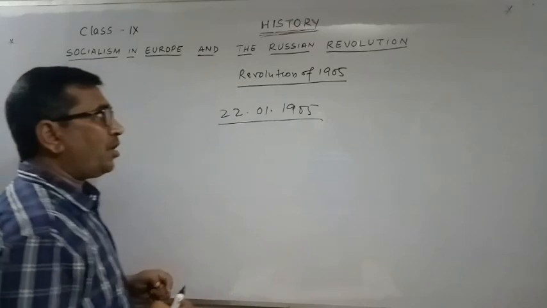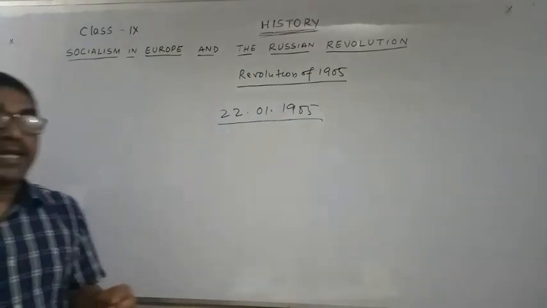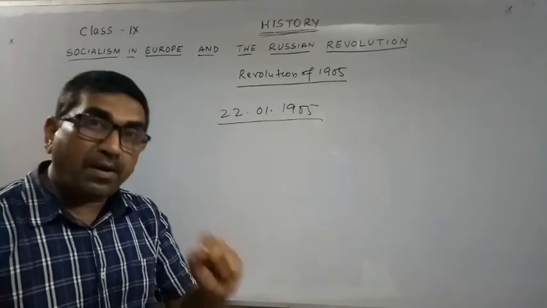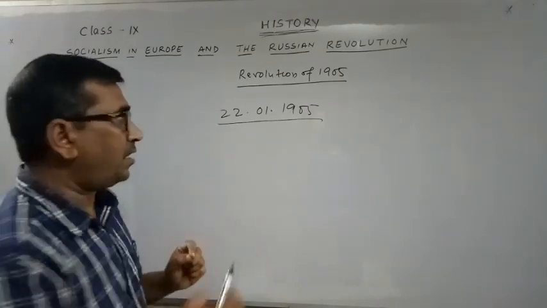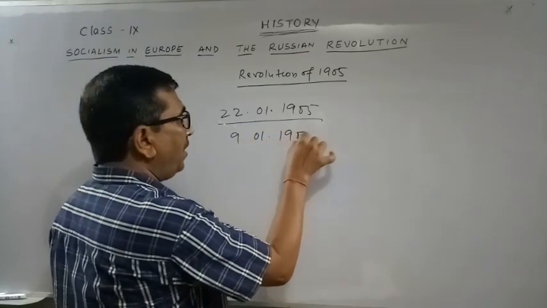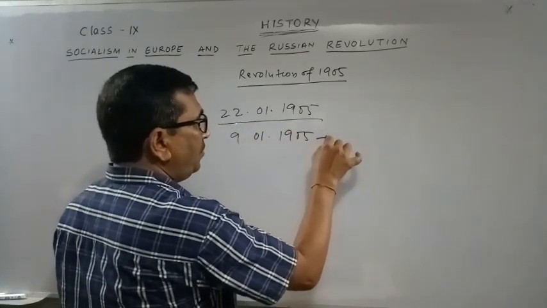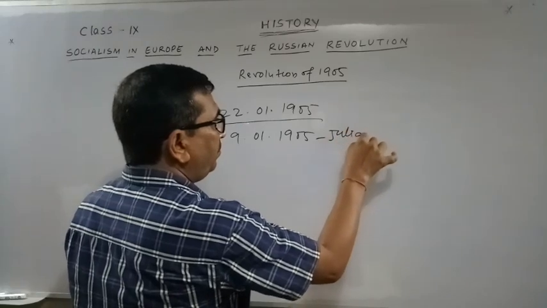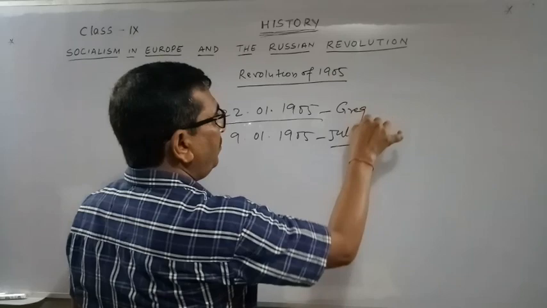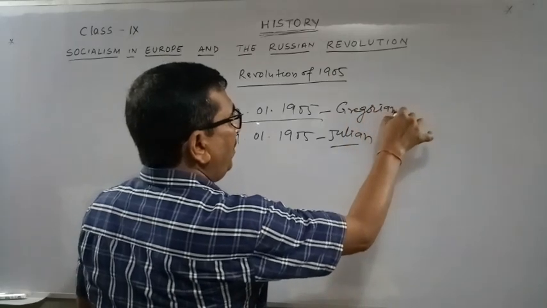This date is according to the Gregorian calendar, but according to the Julian calendar, which was prevailing at that time in Russia, it was 9/1/1905. It means it was according to Julian and according to Gregorian calendars.